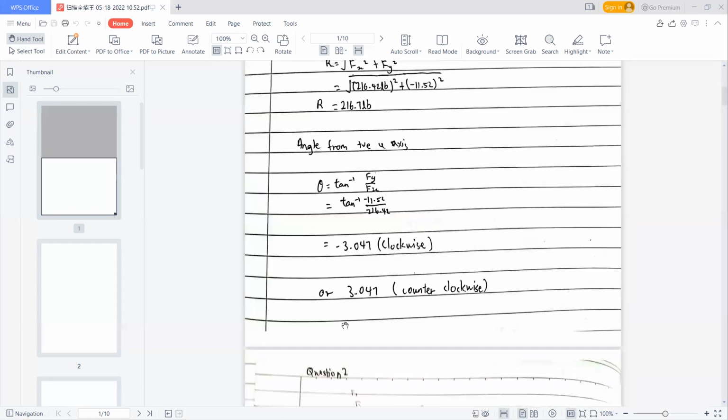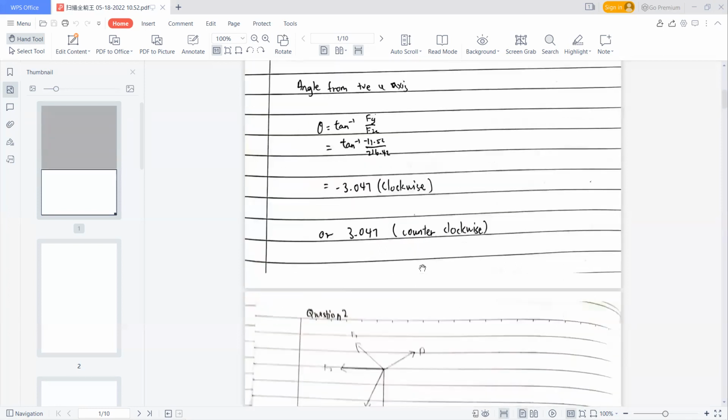So how do we get the angle? For the angle, theta is equal to the tangent inverse of Fy over Fx. So we will get negative 3.047, which is the clockwise direction. Or if we want to use the positive value, we will use the counterclockwise.